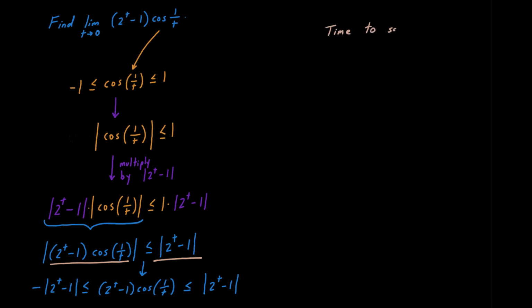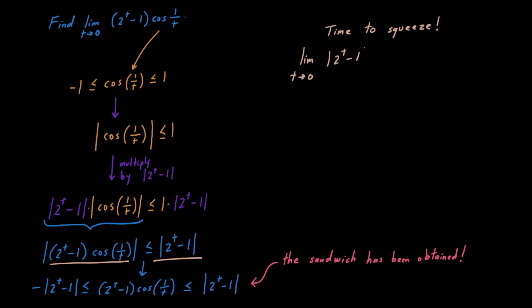Now I've got that, and now it is time to squeeze. I have got my sandwich. The sandwich has been obtained. Once you've obtained your sandwich, it's time to squeeze. Well, what does squeezing mean? You just take the lower and upper bound, your buns, and you limit them to the appropriate t value. In this case, 0.